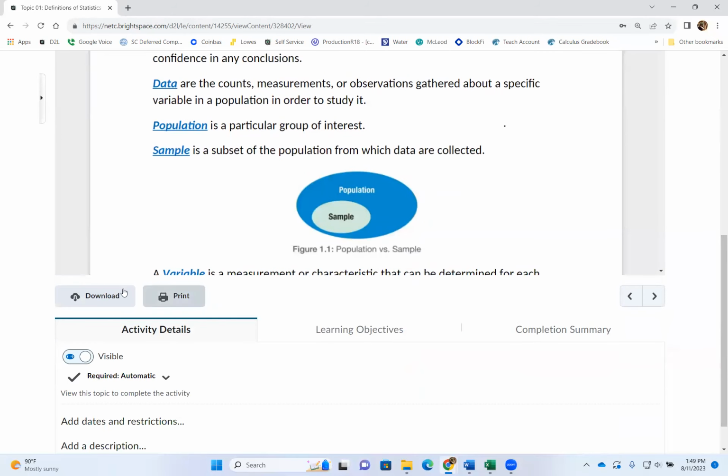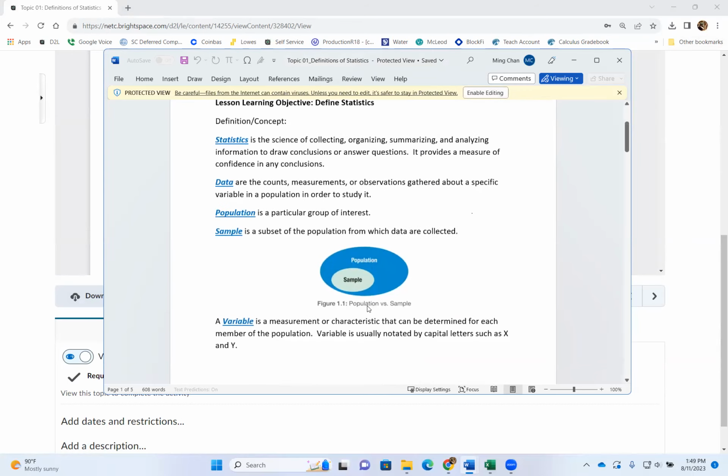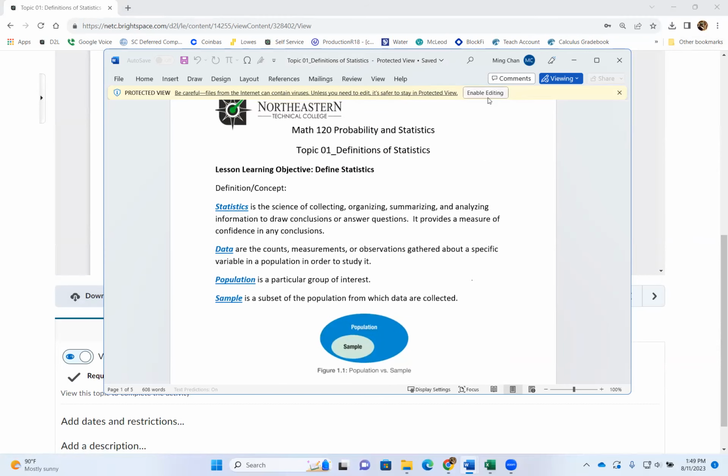If you do have a printer at home, click on download, and it will download the Word document, and you can print this lecture handout from the Word document. If you print from the lecture handouts, then all the formatting will be correct and all the mathematical symbols on the lecture handout will be accurate.